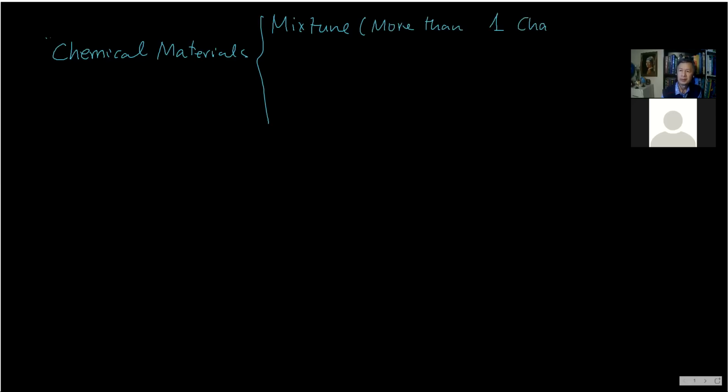This is how to describe chemical material. But it's just for uniform material, just one chemical. In this case, one chemical normally will have a common name.